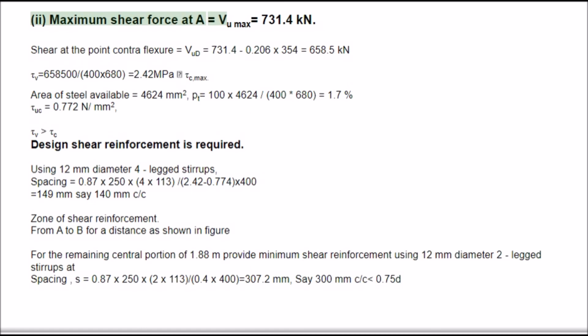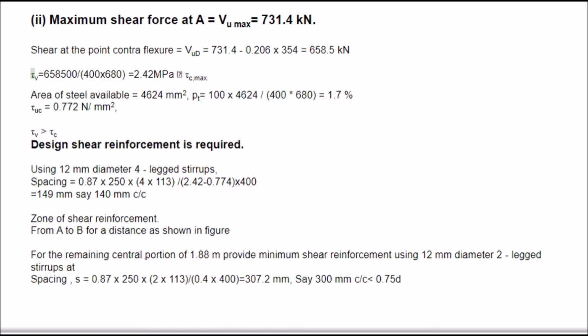2. Maximum shear force at A equals Vu max equals 731.4 kN. Shear at the point of contraflexure equals Vud equals 731.4 minus 0.206 x 354 equals 658.5 kN.